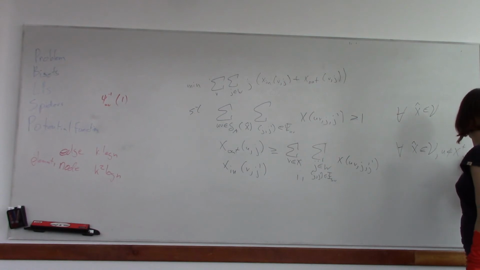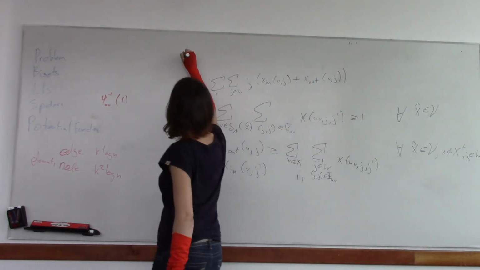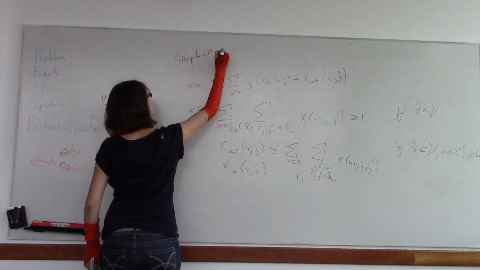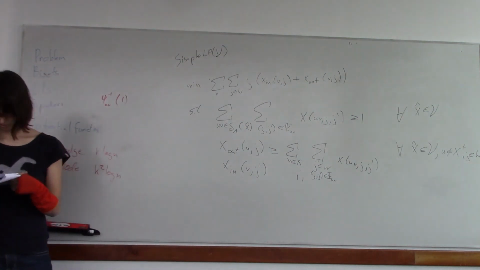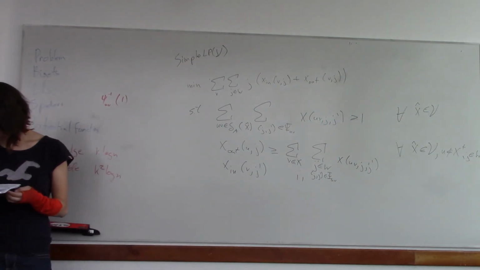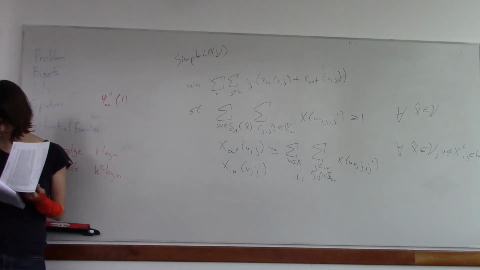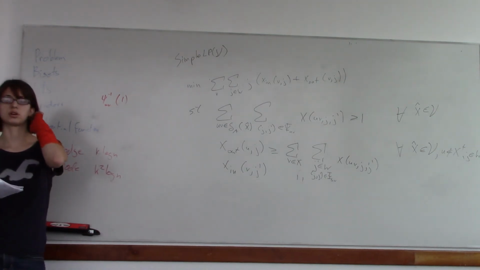And then J's and weights. So this is the simple LP. And it turns out all we're going to do for the simple LP is have a family of bisets which is strongly laminar, which is a stronger constraint than being uncrossable.